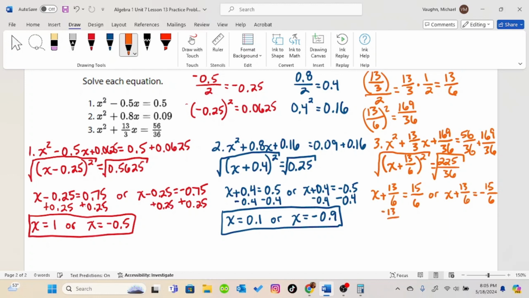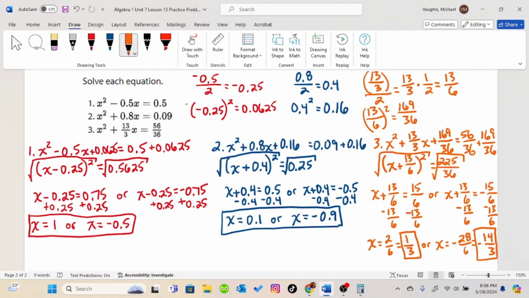We're going to subtract 13 over 6 from both sides of both equations. So our first answer would be x equals 2 over 6, which equals 1/3. Or our second answer is that x equals negative 28 over 6, which equals negative 14 over 3.